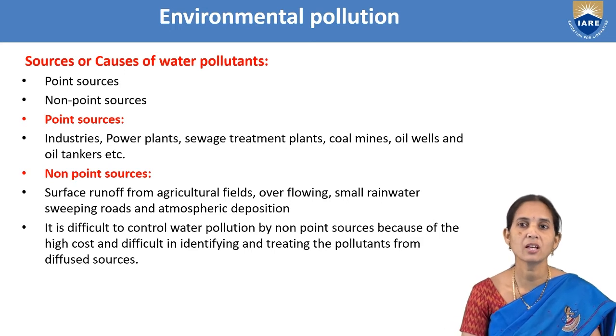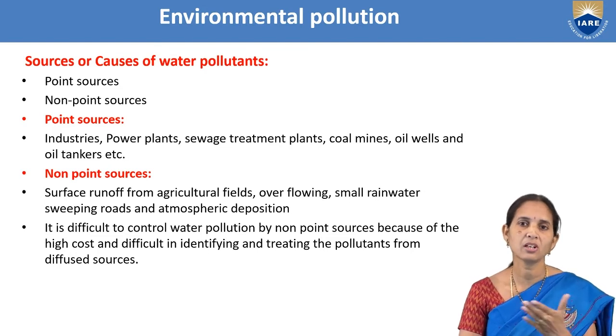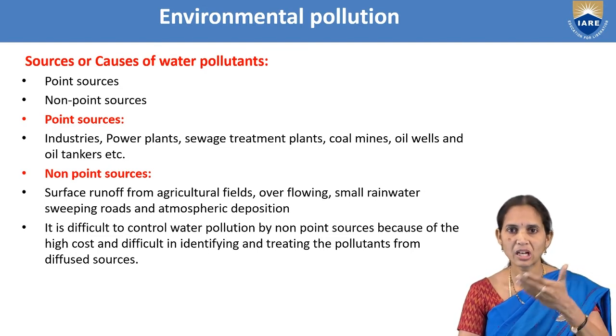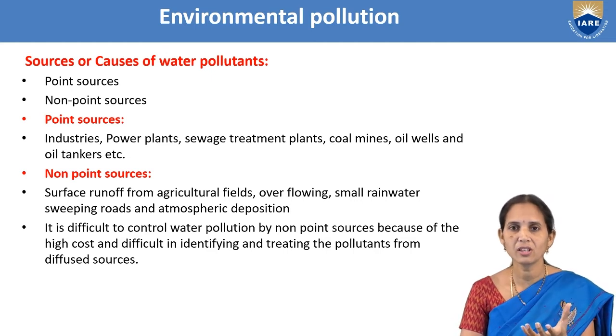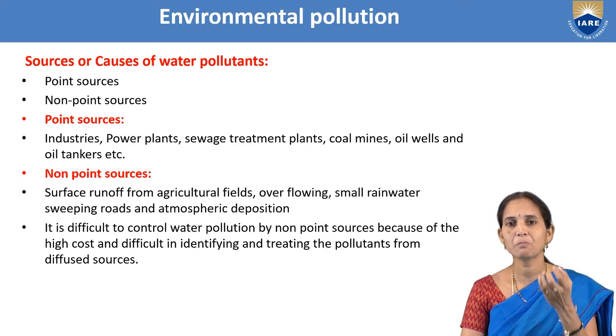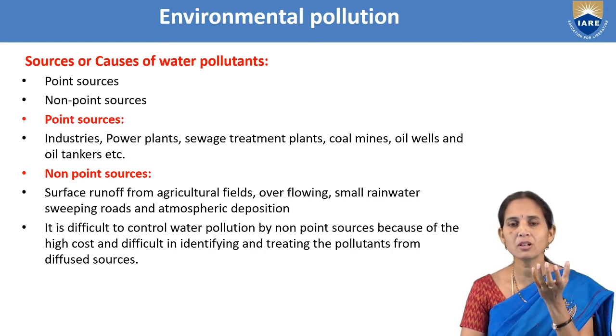Non-point sources are surface runoff from agricultural fields. Agricultural fields means when the rain comes, the water from the agricultural field is entering from that agricultural field into the river. So what is present in that agricultural field? For the growth of the crops, we are using pesticides, fungicides, fertilizers. Those are chemicals we are using for the growth of the plants.